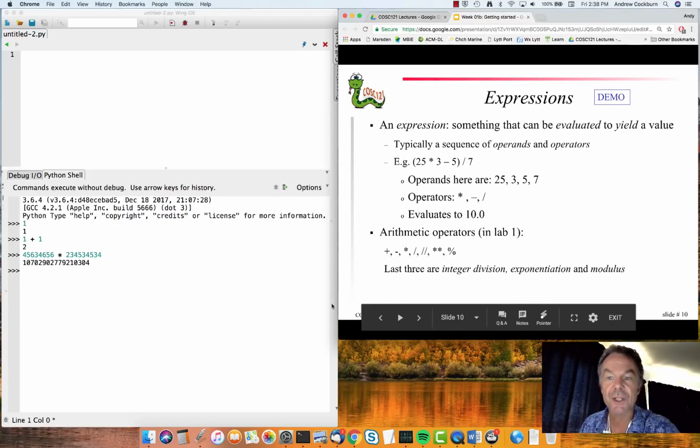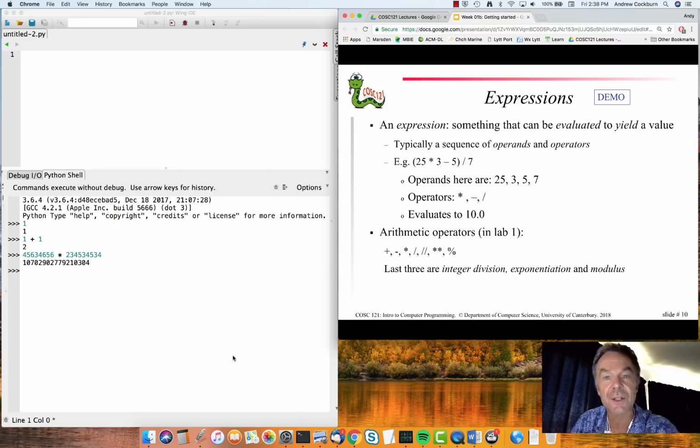So expressions are just something that can be calculated to yield a value. And they're typically a combination of operands and operators. The operands are the data that we're working on, and the operators are the types of arithmetic, and for now, operators that we're wanting to be involved in that computation.